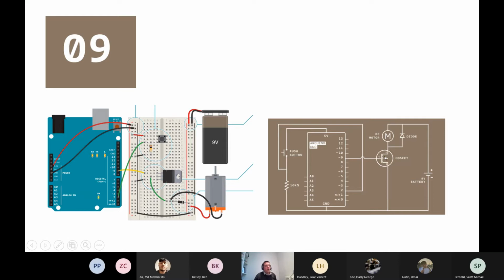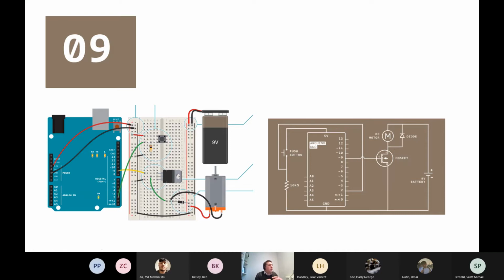And what the Arduino does is control something called a MOSFET, which is like an electronic switch. And so the Arduino says switch the MOSFET on or off based on whether the push button is pushed on or off, and then that will turn the motor on or off.